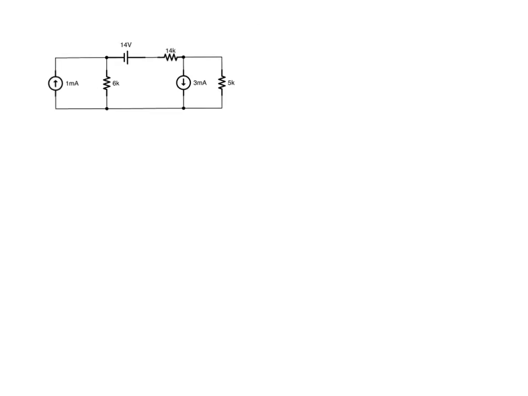And now finally we have to consider the contribution that the 3 milliamp source makes. So if we omit the other two sources, then for the 3 milliamp source only, our drawing looks like this. We've open circuited that 1 milliamp source.